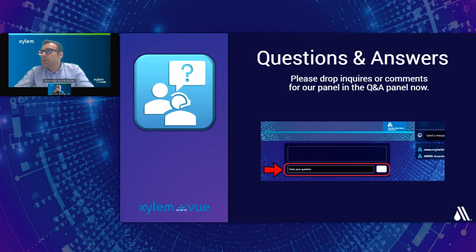There's another one here in the chat: how quickly does the water quality react to changes in the field, like a pump being shut off and valves closed? Something I would like to add is that the system is providing updates every 15 minutes, so every 15 minutes you have a new picture of the network.